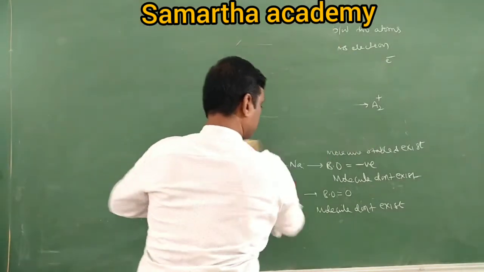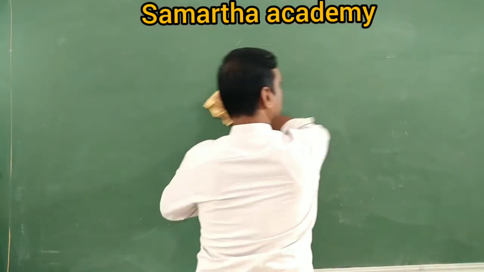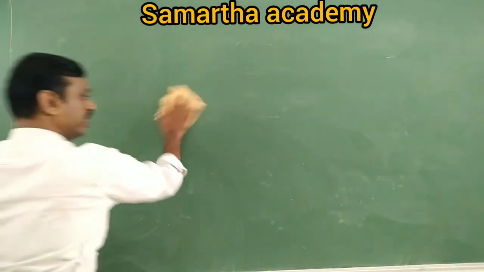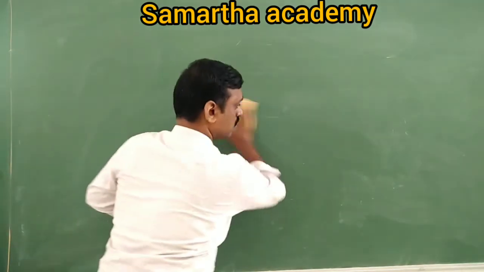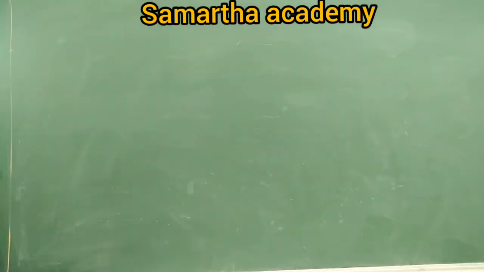Next, the last characteristic of bond order is: a fractional value of bond order indicates the molecule is paramagnetic. Okay, do you know the meaning of this?